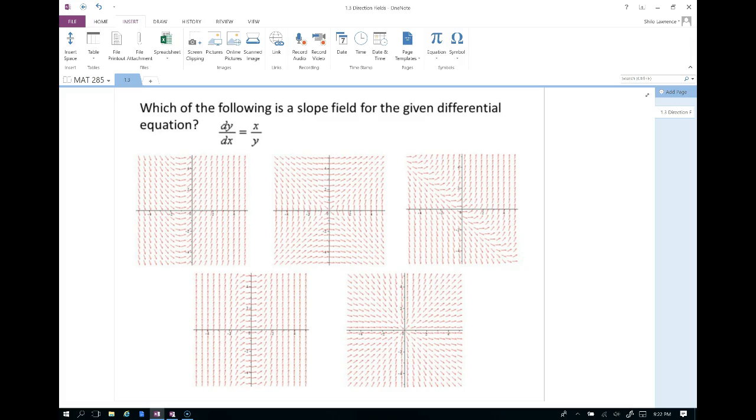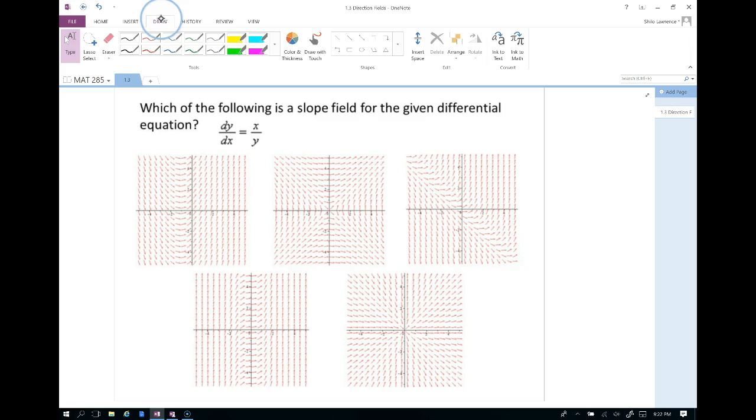So just like we did with the last one, what I would do is set up a little table of values and see if that could help me figure it out. We're just going to pick some x, y values on the graph and plug them into our differential equation and see what it gives us back for dy/dx. I'm just going to start with the point (1, 1).